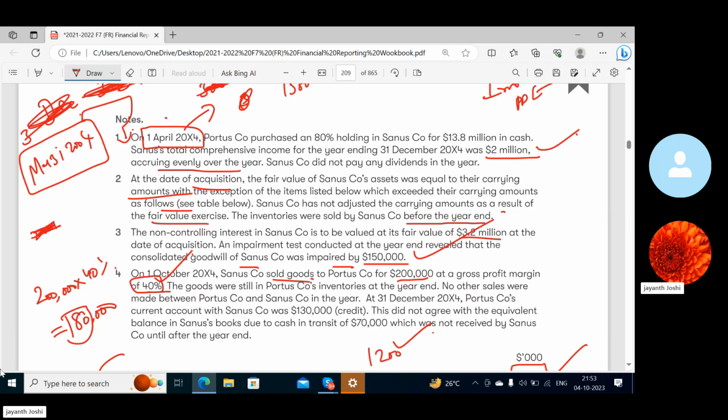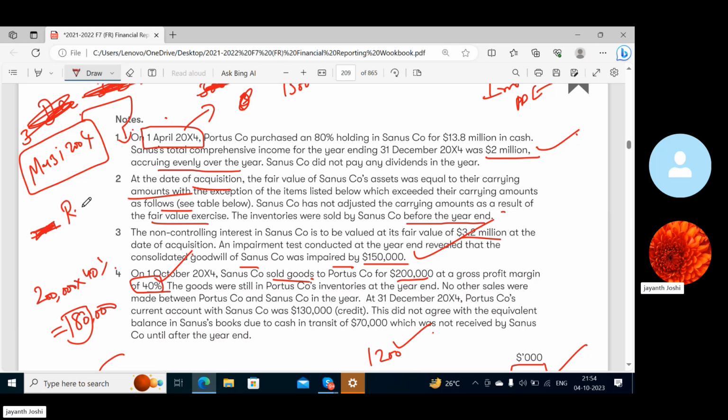And the same thing we have to remove from the retained earnings. Correct or wrong? Since the profit is unrealized, previously when they were separate companies, they realized that profit. Now we have to show it as unrealized profit. So whatever has been credited in retained earnings previously as profit should be removed.